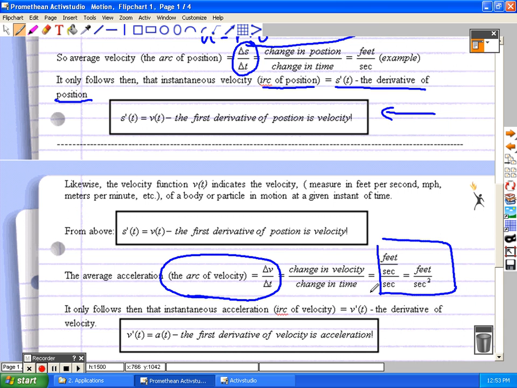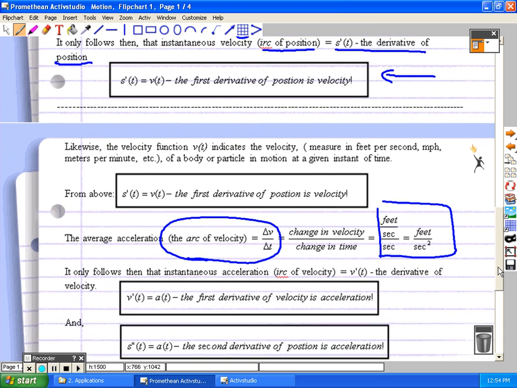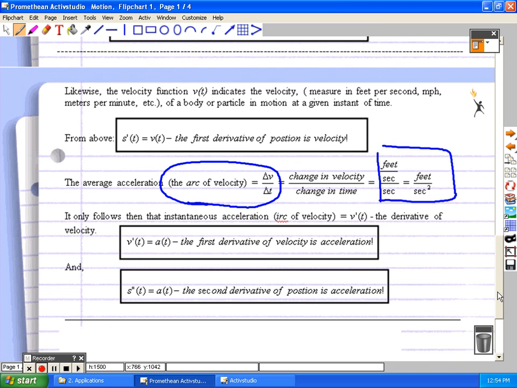Just doing the same kind of unit work that you did in science, and you get feet per second squared for acceleration. Now, if we want instant acceleration, then it's instantaneous, so we have to use calculus, which implies a derivative. So as you can see from this box, the first derivative of velocity is acceleration. It measures how fast the velocity is changing.